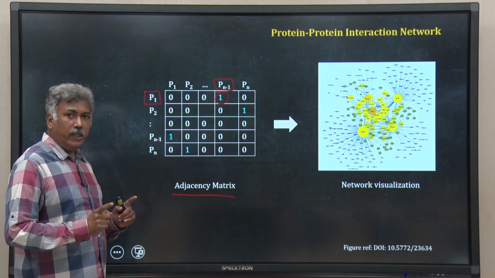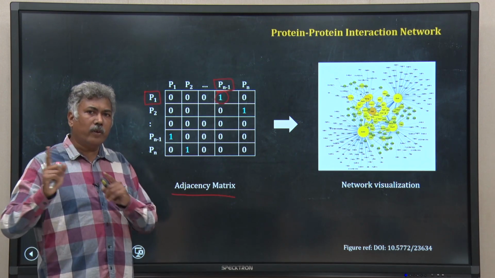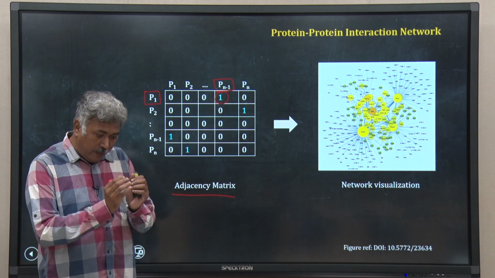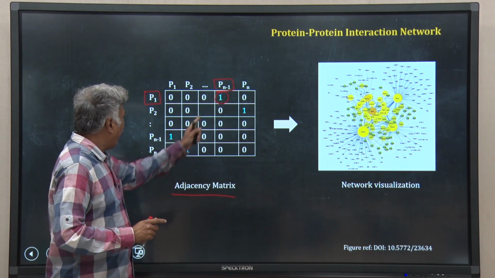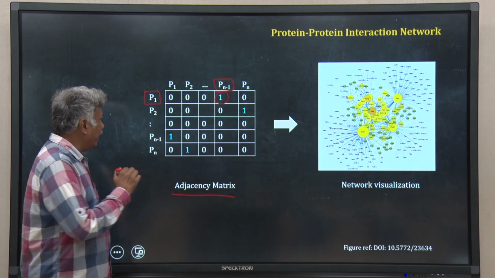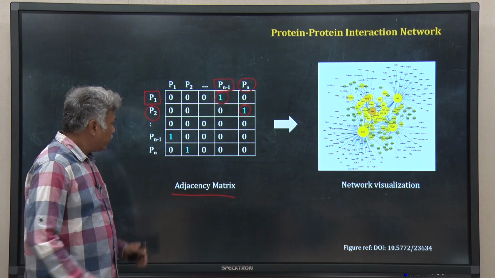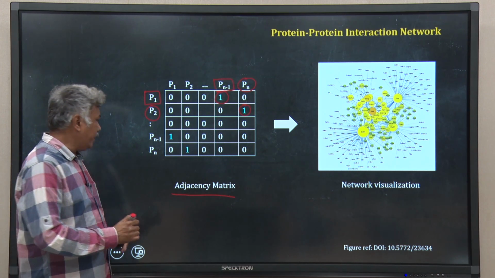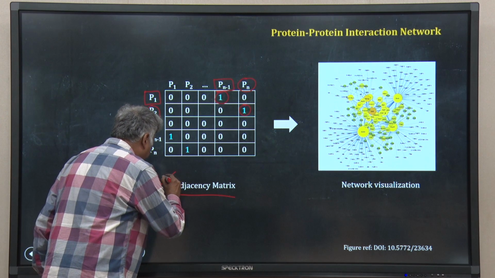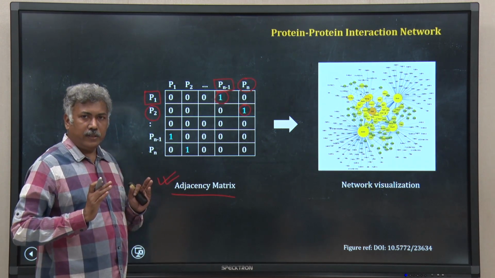So, for these two proteins, either from my experiment or from database information, I know they physically bind to each other. So, I have put 1 there. Similarly, I know P2 physically associates with Pn, that is why I have put a 1 in that cell. In this way you create a matrix, and that matrix is called an adjacency matrix.